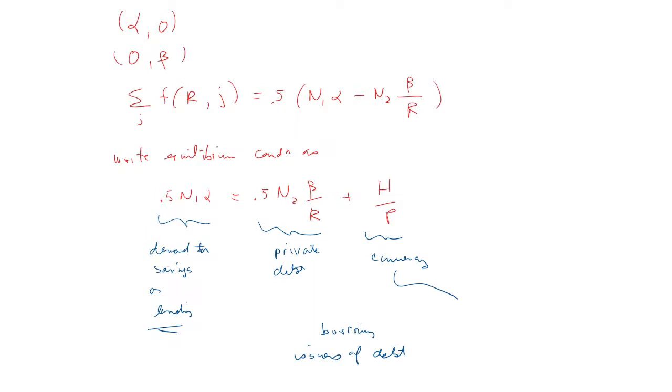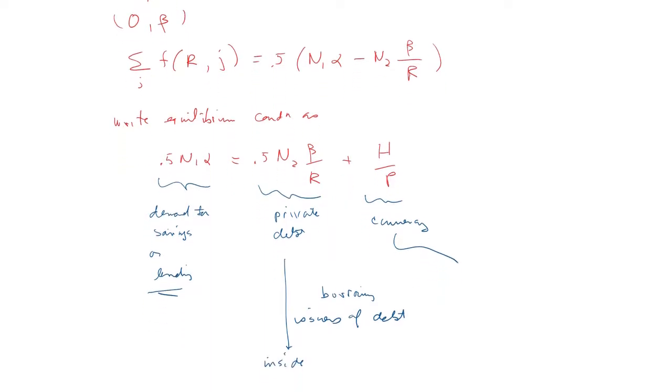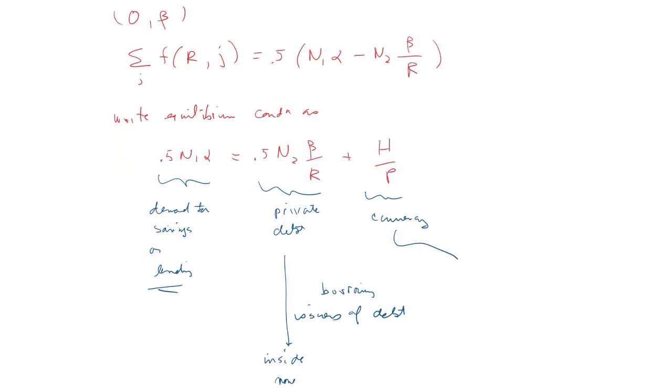And Samuelson said, yeah. So this we would call inside money, meaning it's issued by private borrowers. And this we'd say is outside money, issued by the government to the initial old at time 0.